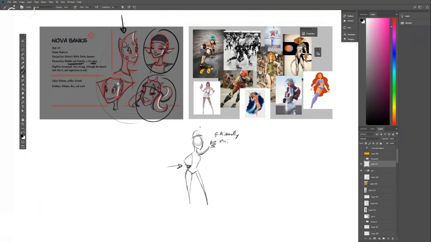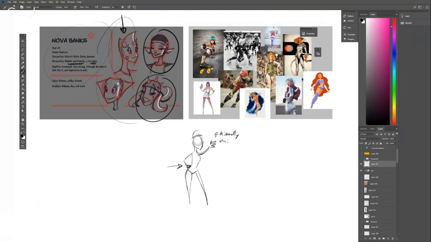So I would love to see some more poses next week where you continue with that, and also think about what you are making it for. Are you making your own movie, or is there a studio you want to work for?